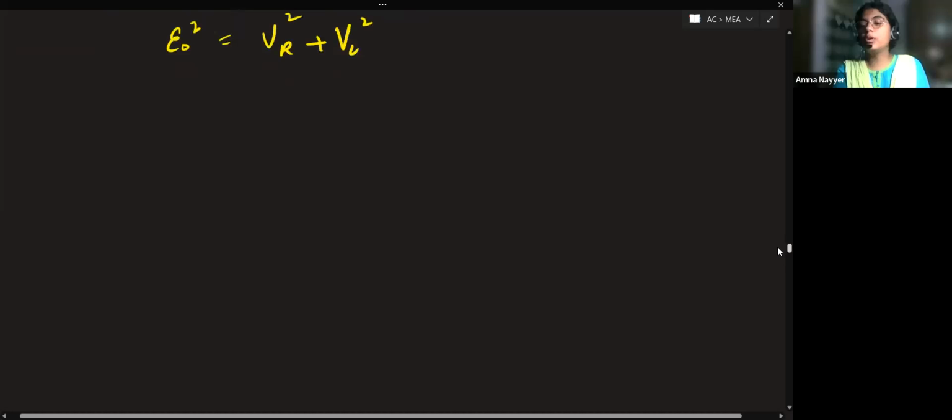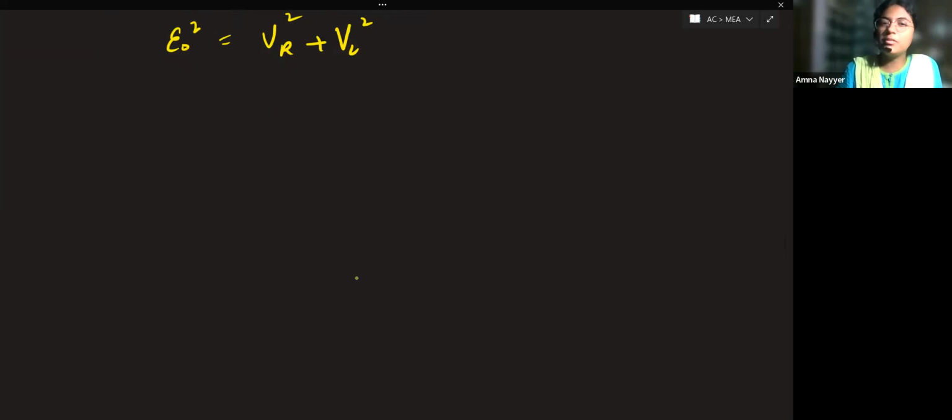Now, you won't have VC square. Remember, we used to have VL minus VC whole square or VC minus VL whole square, depending upon whichever had the greater magnitude. Now VC is not there, so only VL will be there independently.